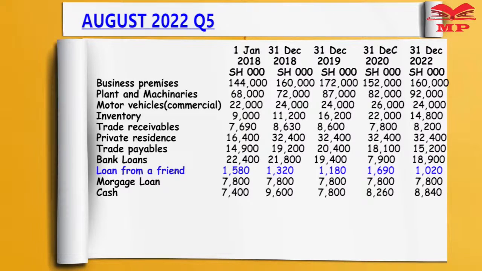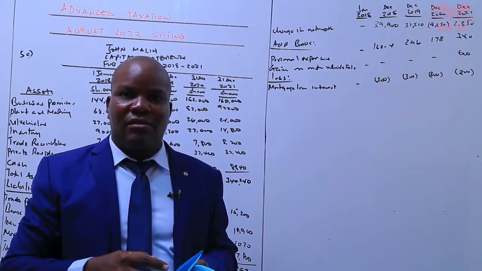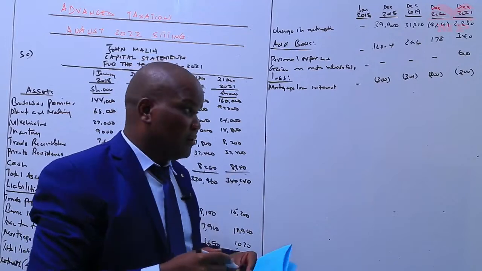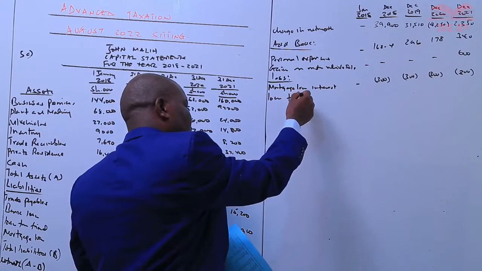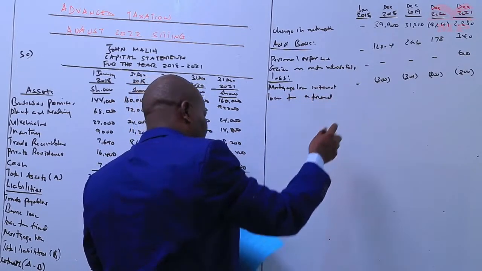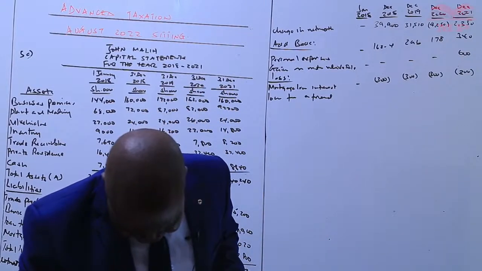And lastly, we have this item called loan from a friend. Now, loan from a friend is not a business item. Again, it is not a taxable income. So because of that, we deduct it to this point. So we write here, loan from a friend. 1580.